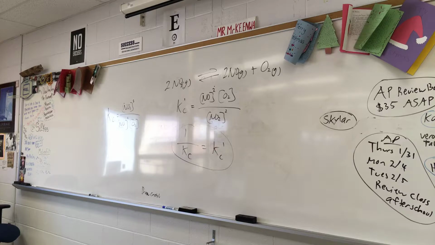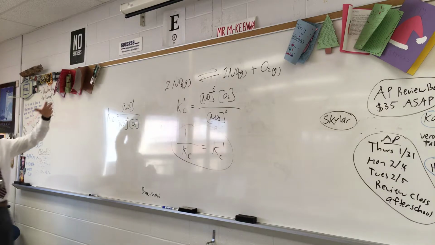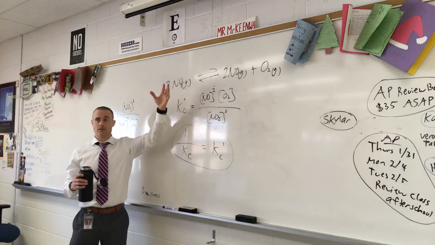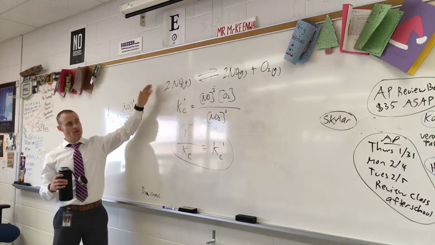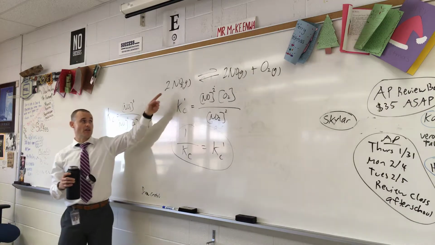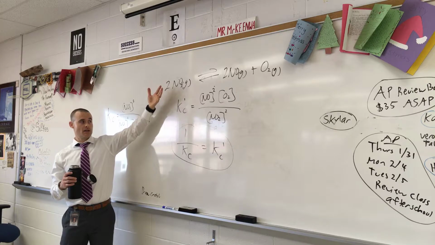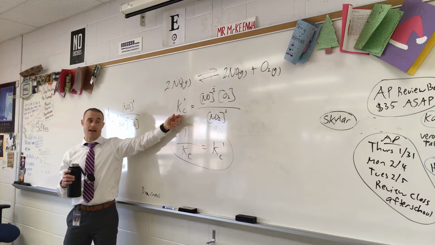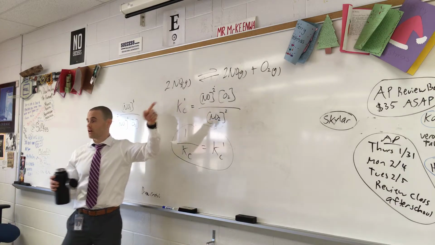So if you know the K value for one direction, the way that is set up on paper or in the book, a test or whatever, and then it's given to you the other way, you just take 1 over that original number. Why is that useful? They give you a reaction and they give you an equilibrium constant, but then the question involves the reverse of that reaction, and you're still expected to know how to get that number even if they don't give you the individual concentrations.